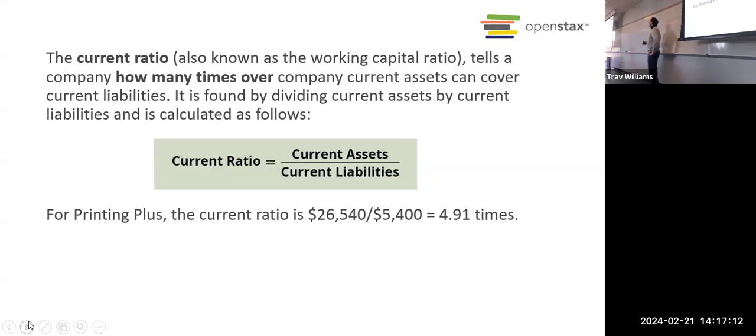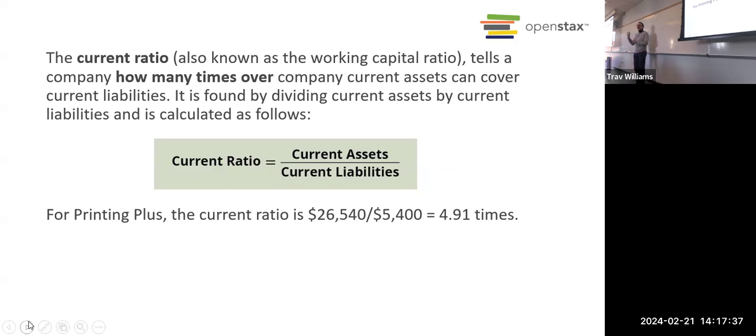What that number means is that their current assets are 4.91 times higher than their current liabilities, which is a good thing. If you owe somebody $100 this year and you've got $500 this year, well, you've got 5 times as much in assets as you owe, right?